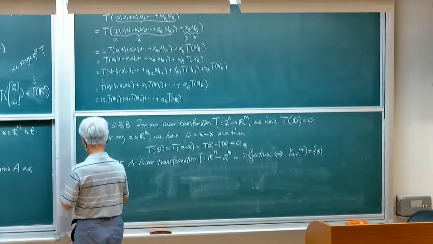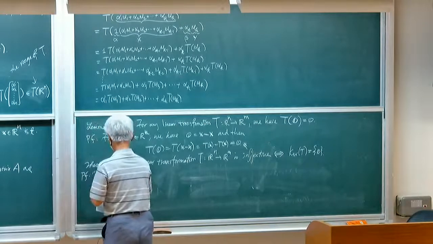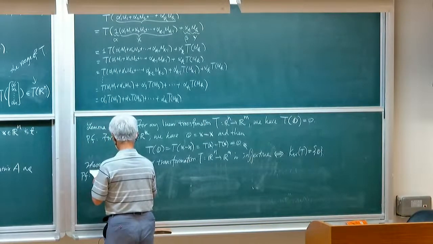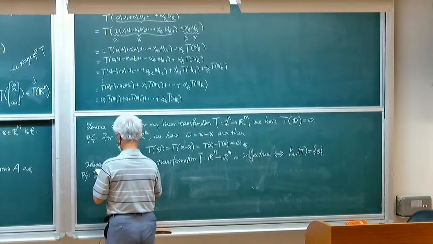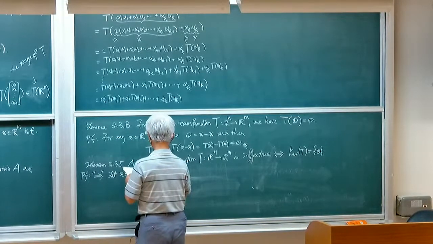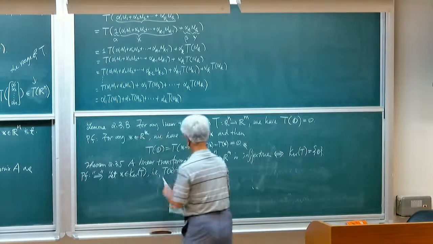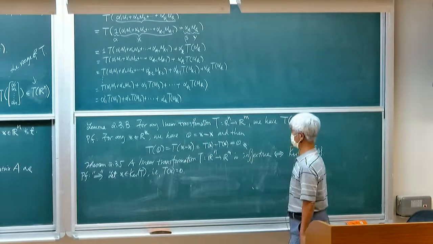Proof. All right, the forward direction. So we let x be in the kernel of T, i.e. T on x is equal to the zero vector. Okay?